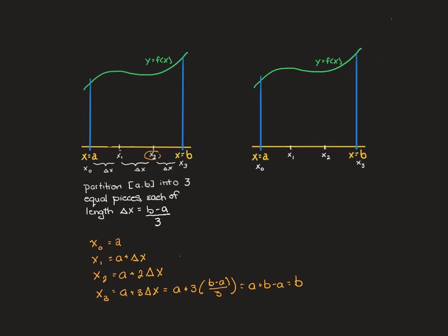And now on each interval, I choose some point in the interval and figure out the height at that point. So on the left-hand picture, I'm going to choose the left-hand sum. I'm going to choose the left-hand endpoint of each interval, look at the height there, and say, let's assume that that was the height throughout that whole interval.